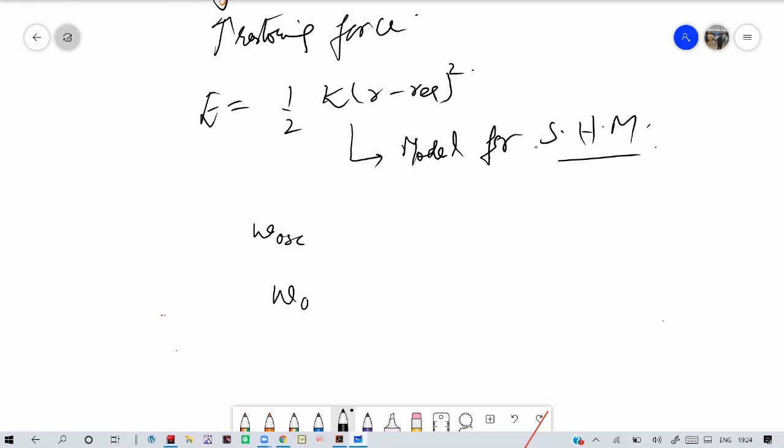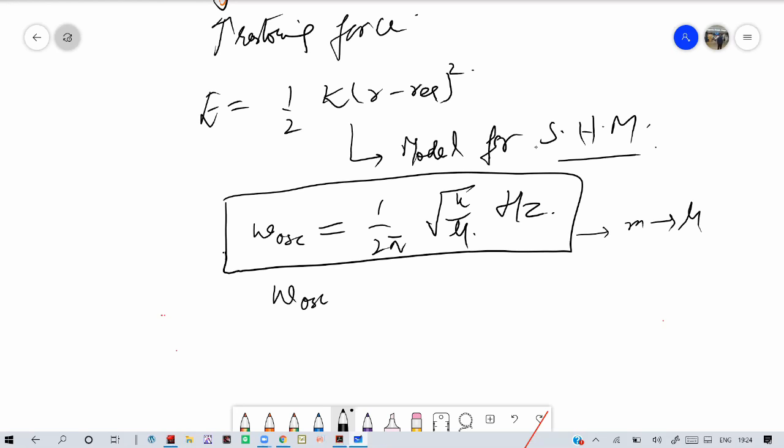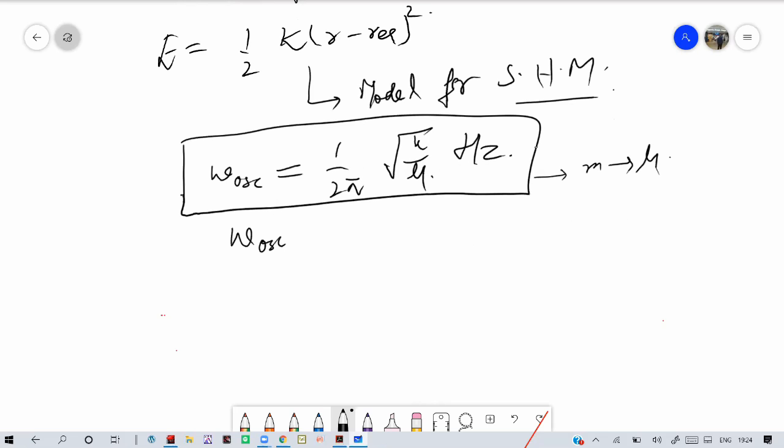Then omega oscillation will be equal to, we know that, the square root of K by mu, where mu is the reduced mass, so M goes to mu, reduced mass. Or we can write omega oscillation as a wave number, with a C in the denominator, sorry, in centimeter inverse.